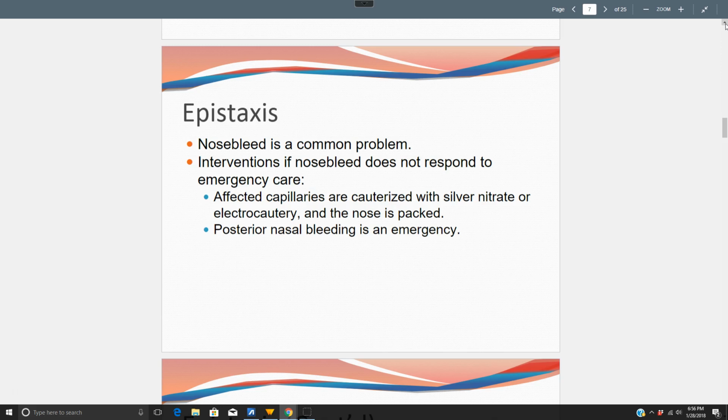So what are we going to do for these people that maybe have reoccurring nosebleeds? Obviously, we're going to look at our patient's medications, make sure that's not the cause. Are they on any anticoagulants? Are they on aspirin? Things like that.